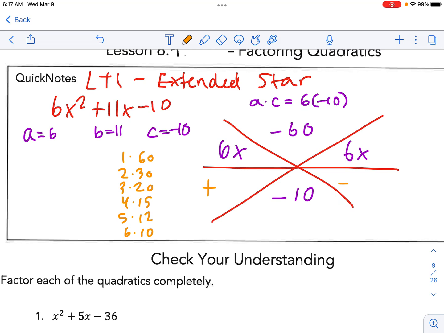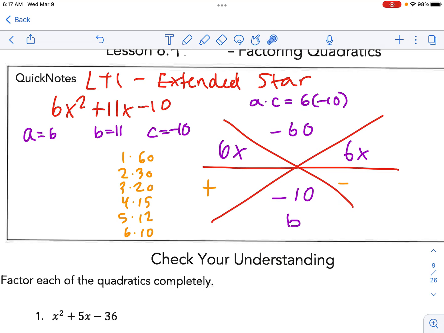I realized I made a mistake, right? This shouldn't be 10, it should be positive 11. If this was negative 10, this wouldn't work at all, right? And you notice this is a good opportunity for me to highlight how the star might break down. I forgot to put B down here, right? That's part of my organizer.